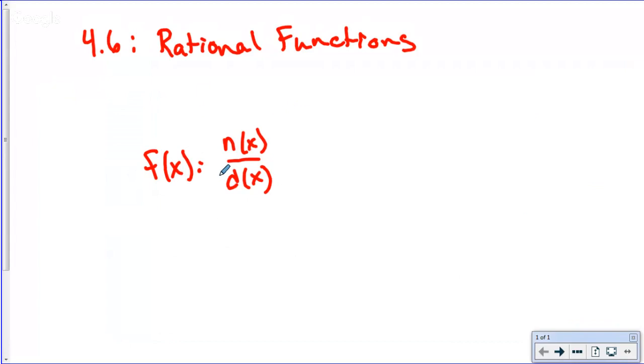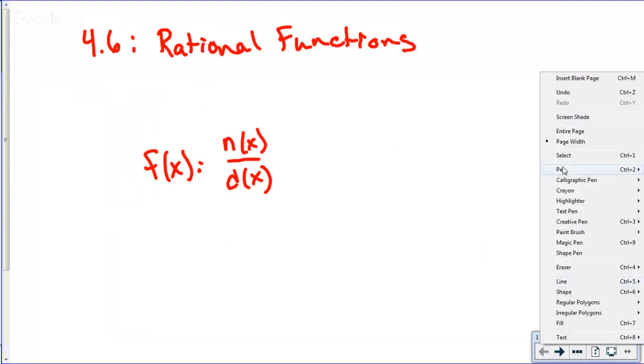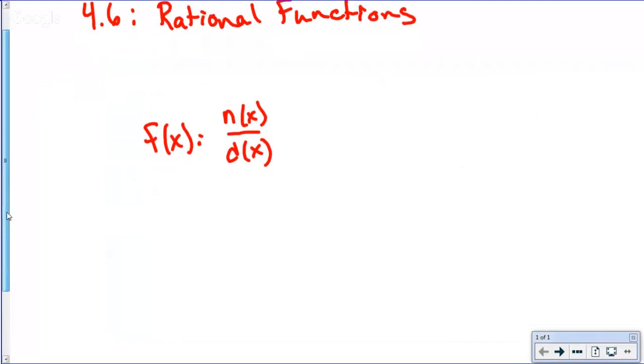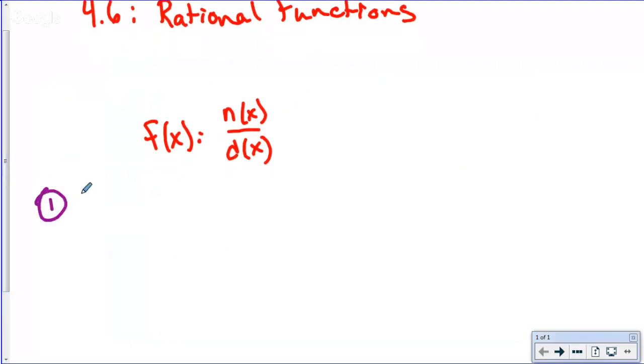Now, there are a couple very important things that we want to know about rational functions. Number one is vertical asymptotes. How do I find a vertical asymptote, or what is a vertical asymptote?